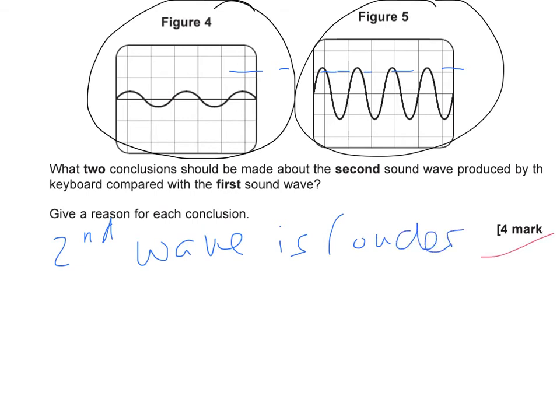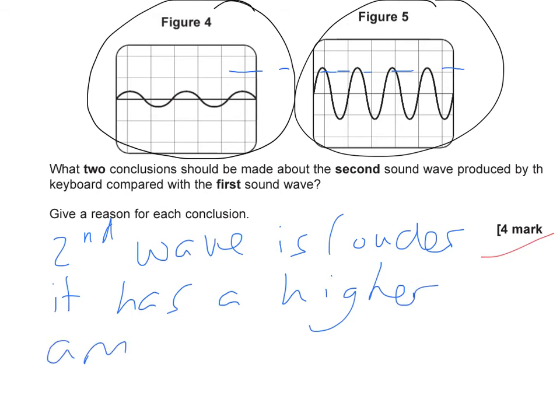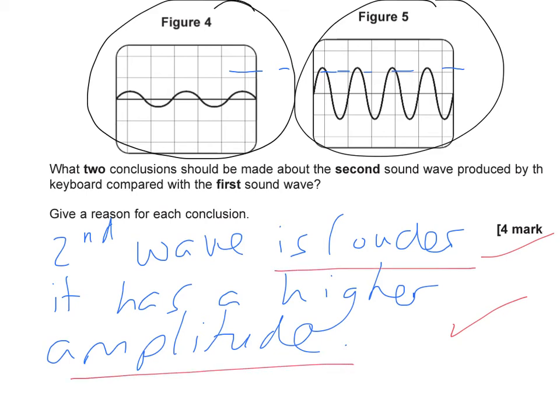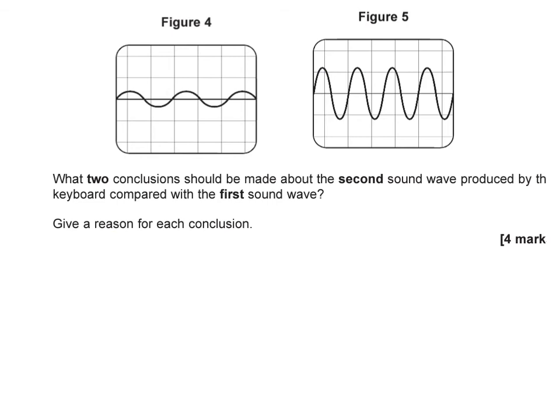That's 1 mark. The reason being it has a higher amplitude. That's the first mark for that question, and the explanation that I've just written there is 2. So you get 2 marks for getting the correct statement that the wave is louder, and the next bit is for explaining why: it has a higher amplitude.